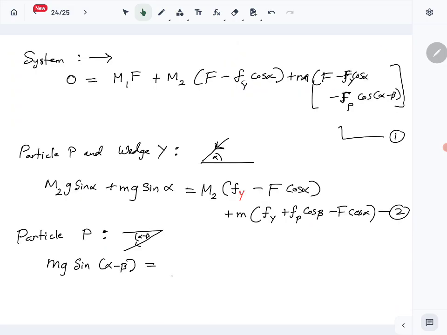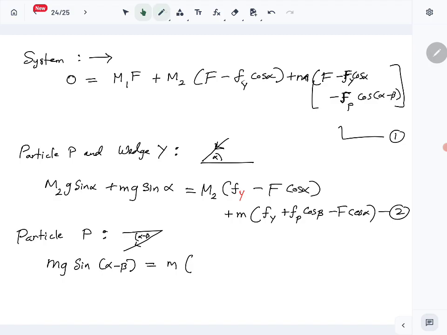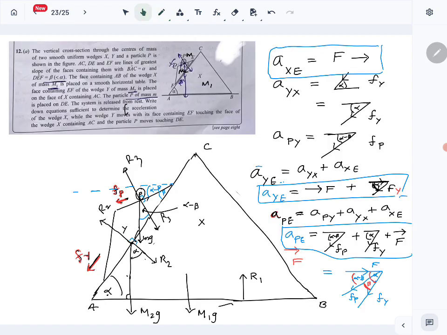So then m times, look at the acceleration. So we have to look at this one. We are going in Fp direction, okay? This one, the middle one. So it's going to be Fp positive, and then Fy component in this direction, in Fp direction.